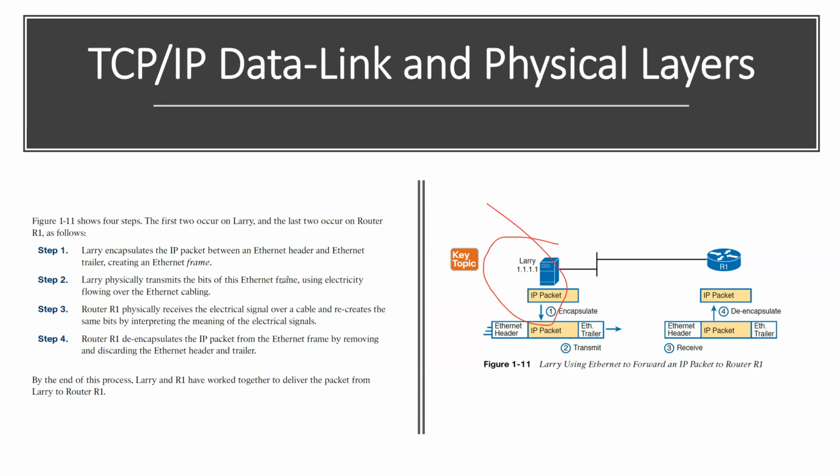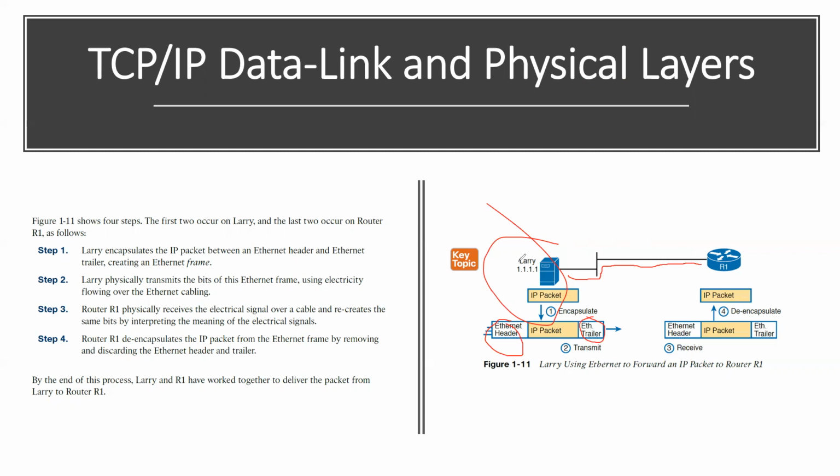Larry physically transmits the bits of this Ethernet frame using electricity flowing over the Ethernet cable. We've seen Ethernet cables before, I'm sure all you guys have. All that is just copper cables transmitting electricity, and it's basically just ones and zeros going over that cable. Smart guys, whoever created this.